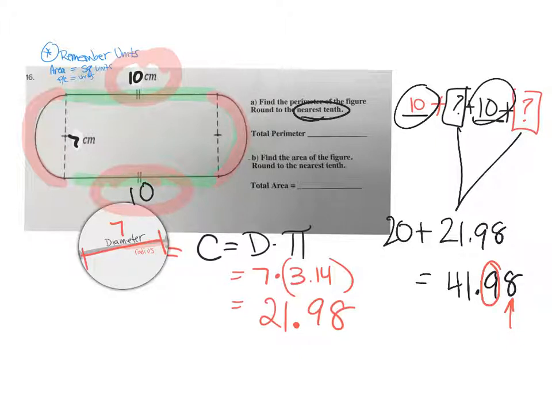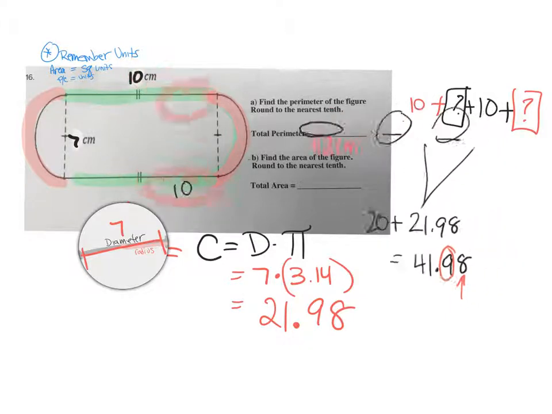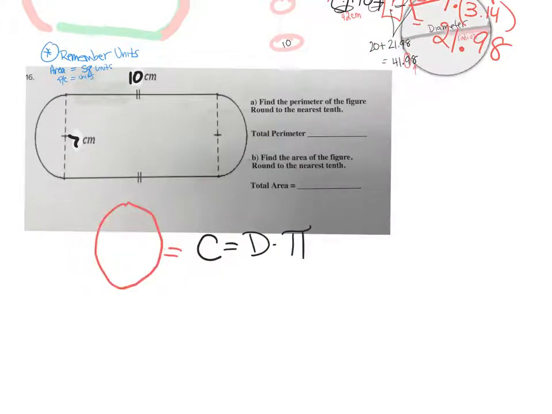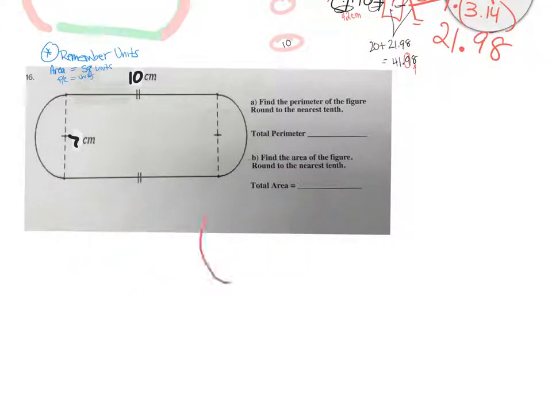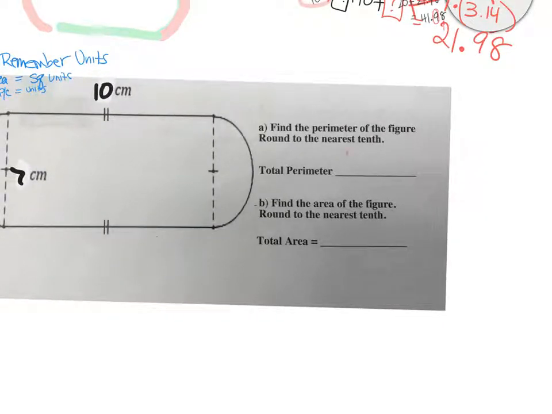That means that 41.98 would round up to 42. And my units are centimeters because it's not area. That is the perimeter. So now that I know that the perimeter is 42 centimeters, I can work on the second part, which is the area.